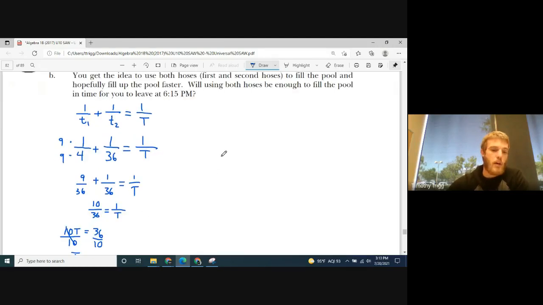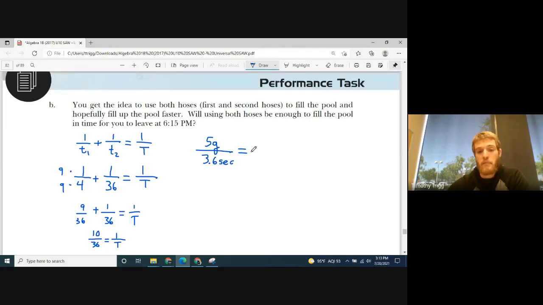So now we're going to set up another proportion. For the two hoses working together, they could fill up 5 gallons in 3.6 seconds, as we just found out. So how long will it take them to fill the pool? Well, the pool is 20,000 gallons.